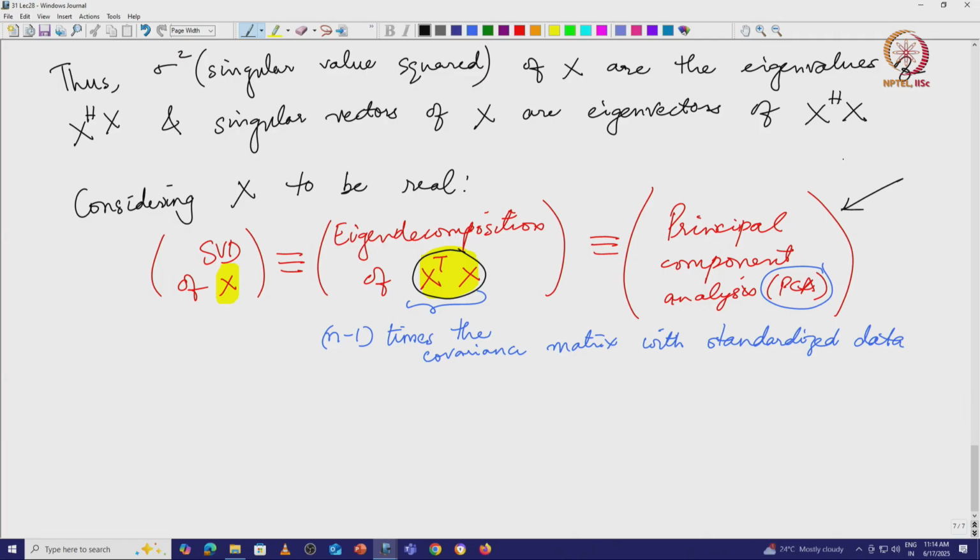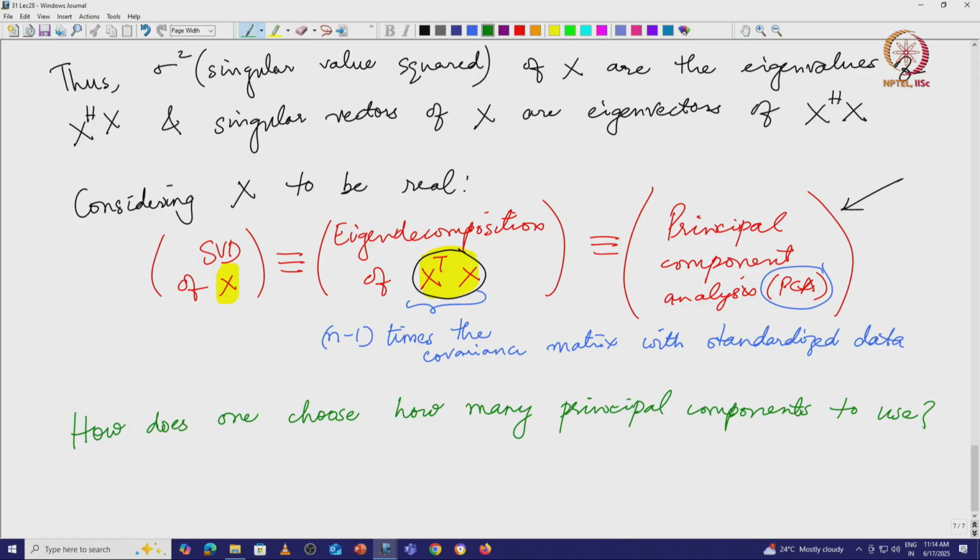Alright, so before ending the lecture, I want to cover one last concept, and this is again very important from a practical standpoint. The question I want to answer is, how does one choose how many principal components to use, right.